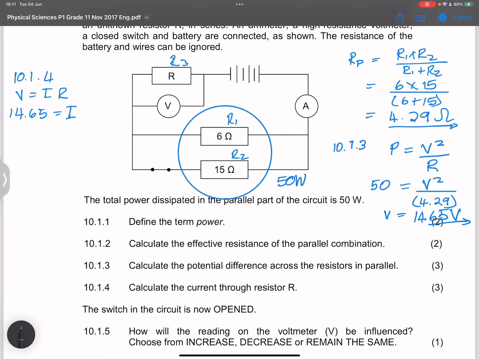It will be the total current passing through the combination of both of them. And we know that the resistance is 4.29. Right, so what is that current there? So divide by 4.29 on either side, so that cancels with that.